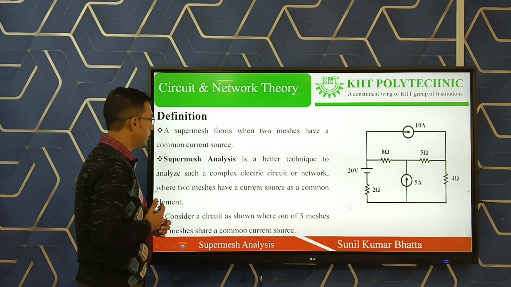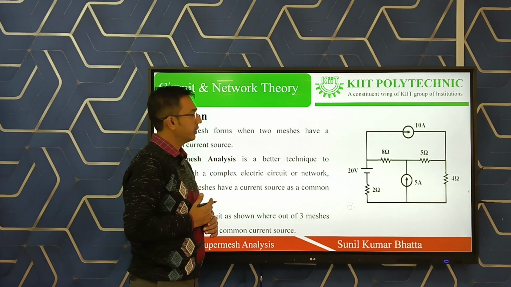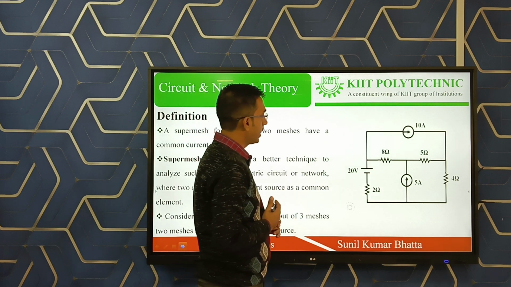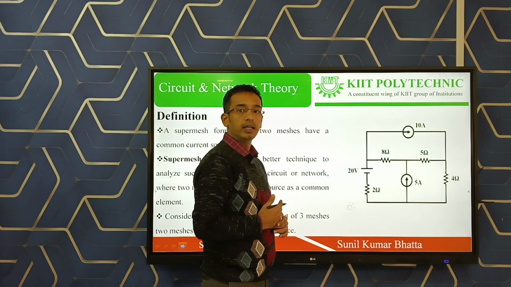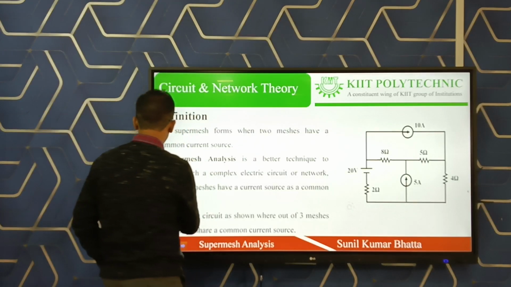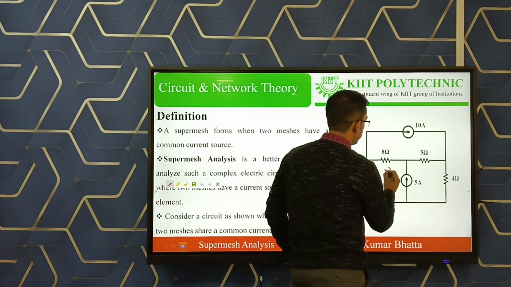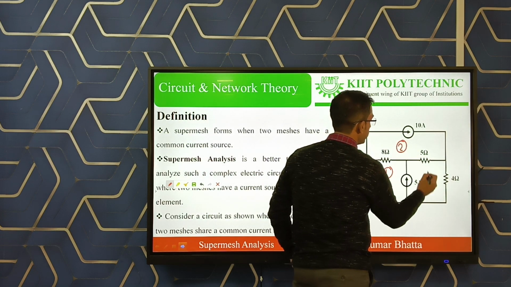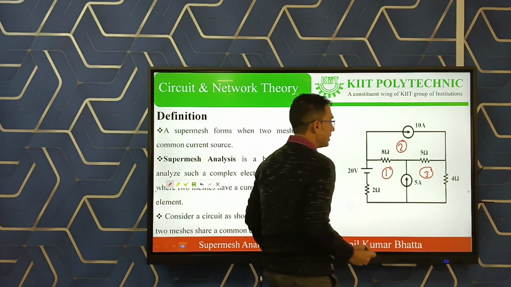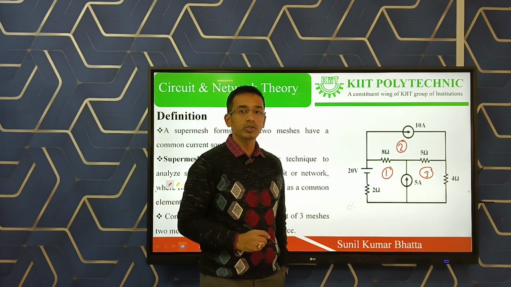Then number 3, here is one example, one circuit in the PPT. You can see in this circuit how many meshes are present. Three meshes are present: this is one mesh, this is the second mesh, this is the third mesh. In this circuit one common current source is present.